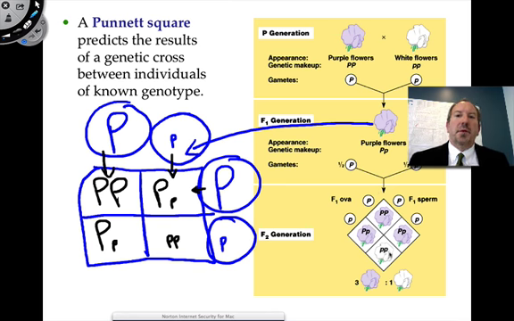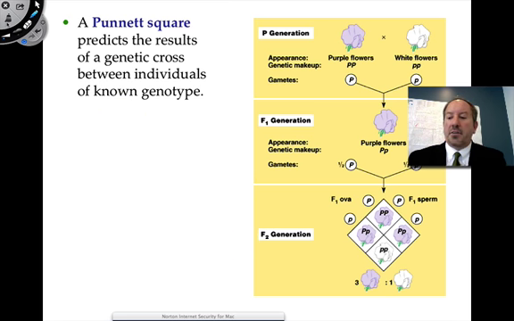And it's like, well, maybe this white is different, no, that white is as pure white as its grandparent. And you're like, well, what about these purple ones? These three purple ones, some of them are pure purple, and some of them are hybrid purple. But there's certainly three of them. So 75%, 25%, or 3 to 1. So it's totally fascinating.